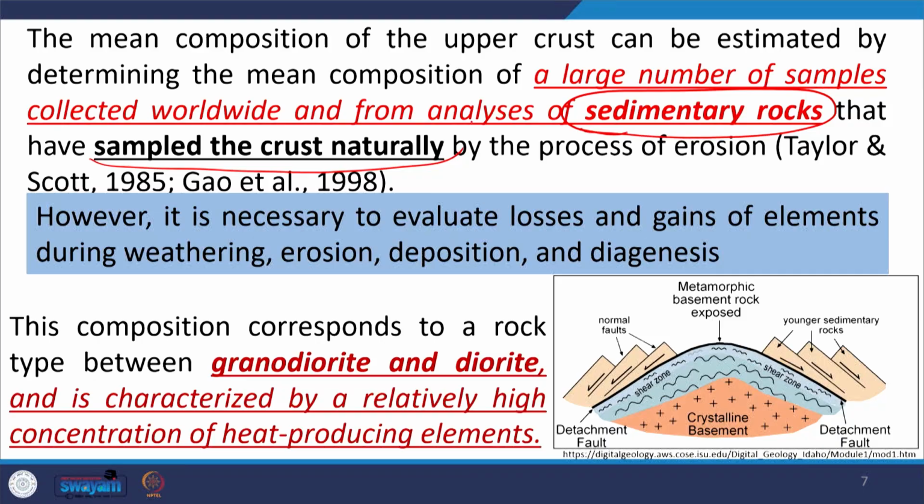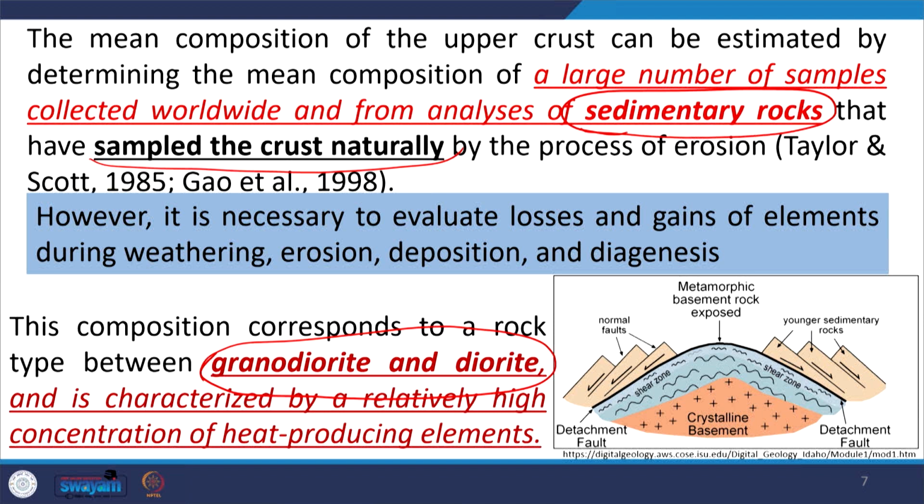So, worldwide sedimentary rocks were sampled and their composition was analyzed, and this composition shows the upper continental crust is of granodioritic and dioritic composition.